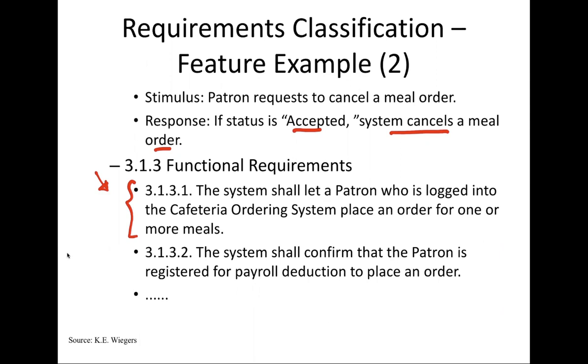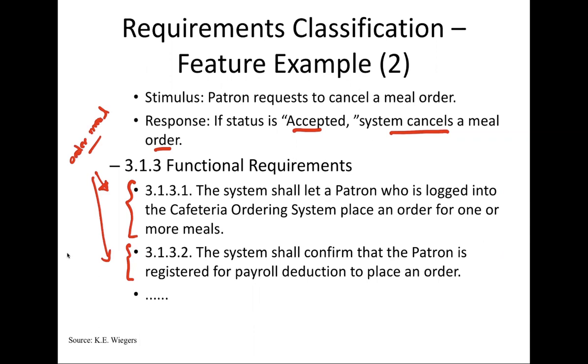Let's see the second requirement. The system shall confirm that the patron is registered for a payroll deduction to place an order. This is also related to the feature order meal. So that's why this has to be listed underneath the classification category of a feature called order meal, in which we have all the stimuli as well as the responses.